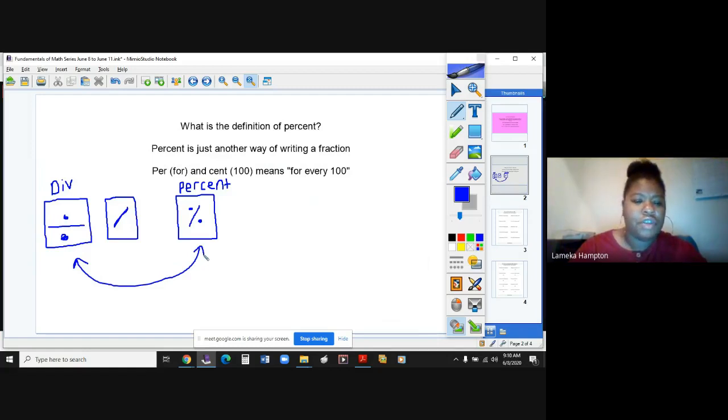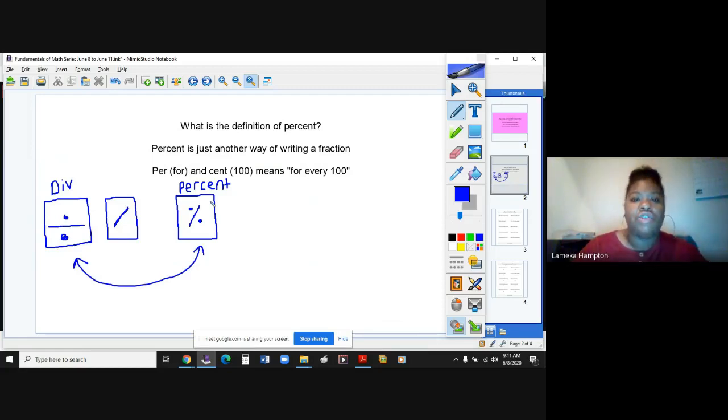Now, we use percents in different ways, and we use them every single day. We just probably don't realize that we're using them every day. For example, when we go shopping, to the grocery store or the mall or anywhere you spend money, you can save 25% off of this item when you purchase this item. Or if you buy 3 items, you'll save 20%.